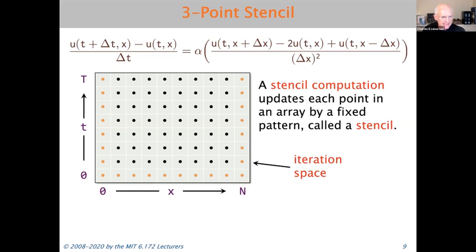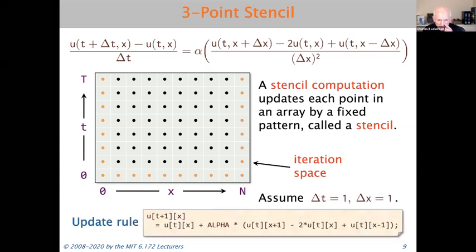This is size nt, and we can update things in place using just size n. Every row represents the bar at a particular time step. Row 0 is filled with the initial conditions, and the simulation updates each point in the space-time grid based on the points below it.